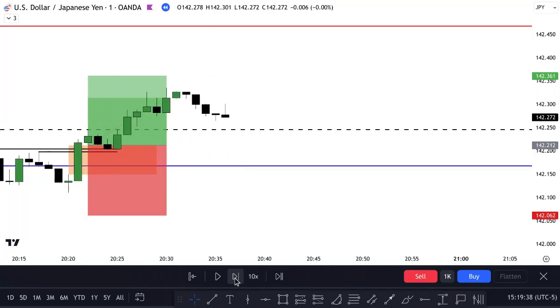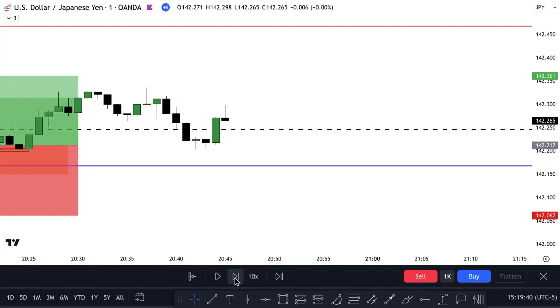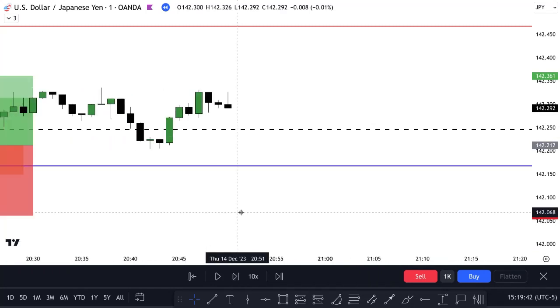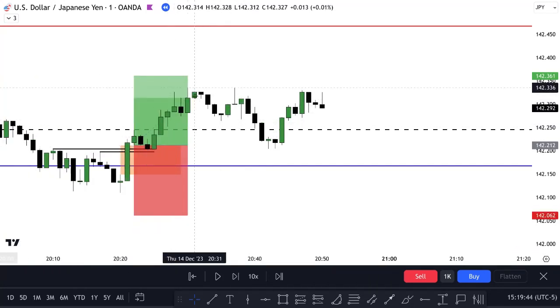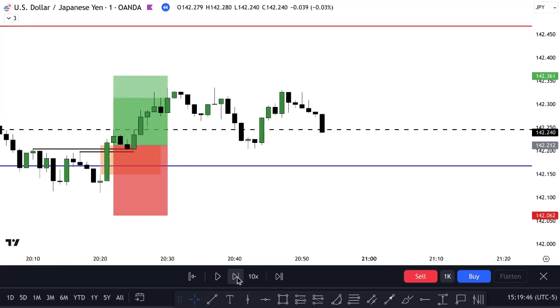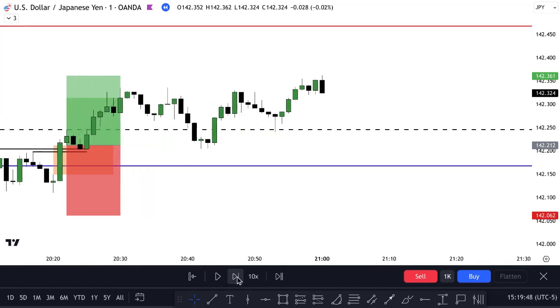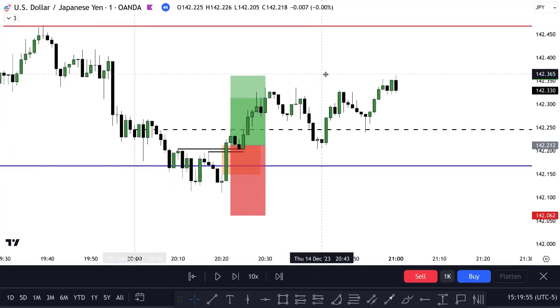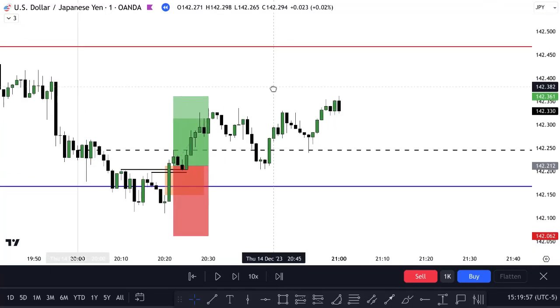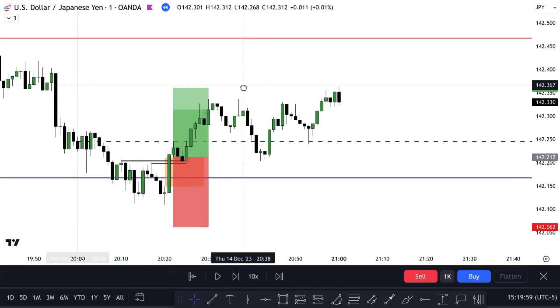We got really close to the TP. We got about definitely 10 pips into that, 12 pips into that. And there you go. We got our 15 pips hit to the pip too. And I was showing this in the Telegram channel. I was able to make a 2% gain on the account.